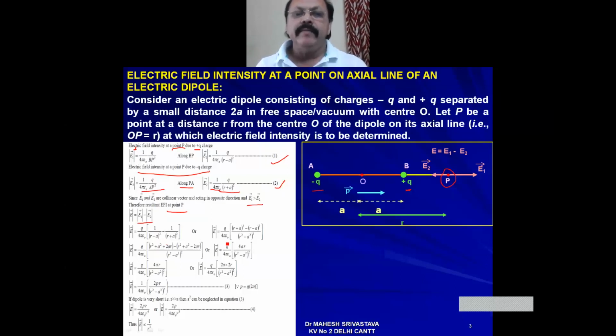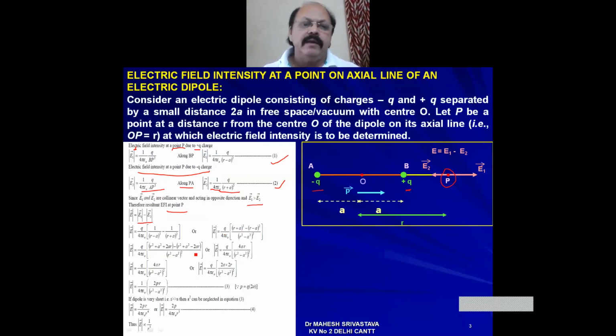Then you will get |E| equals Q upon 4 pi epsilon naught. LCM is (r square minus a square) whole square. Therefore, in the numerator, (r plus a) whole square minus (r minus a) whole square. Now open it by using the formula (a plus b) whole square and (a minus b) whole square. I hope everybody knows this one.